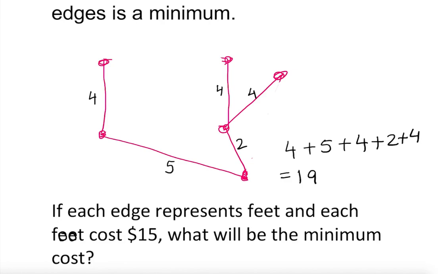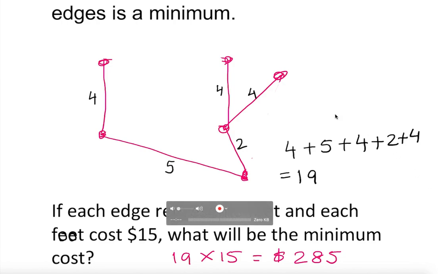Now, if we read the question, each edge costs $15, so we just multiply this 19 feet times 15. 19 times 15, we're going to have a total minimum cost of $285. So that's how we find the minimum spanning tree. Thank you.